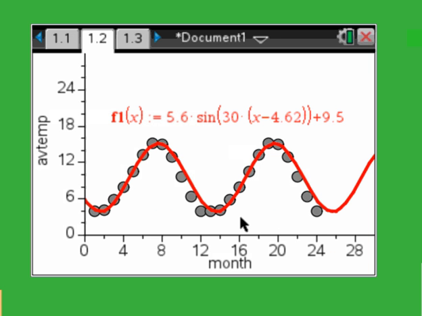When I put in 2 years, I can see a sort of a reasonable fit over the 2 years. It turns out we can tweak it a little bit. Looking at this critically, I think if I move it to the left by a half, maybe it will fit better.